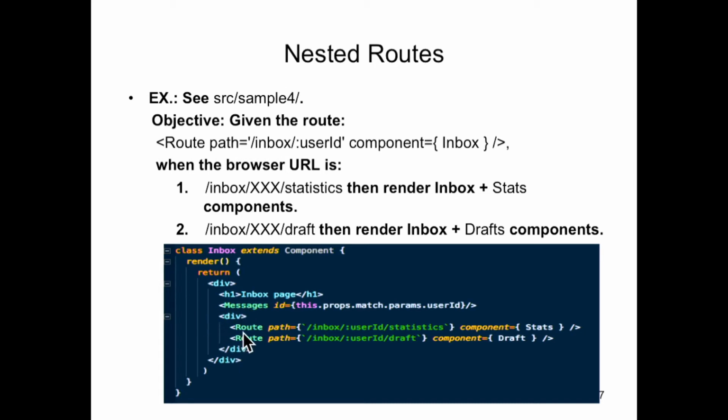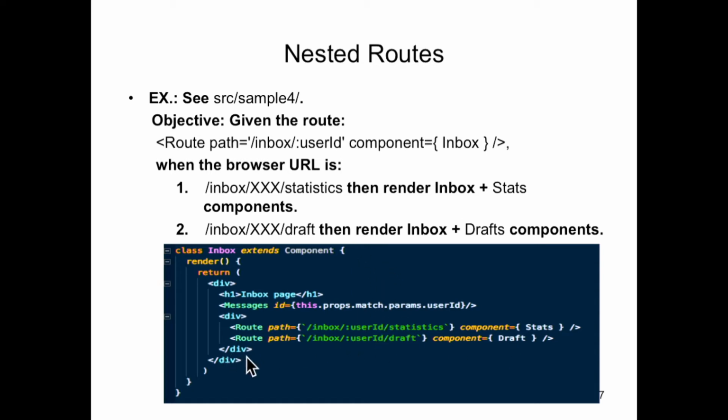But as the route components are saying, if the path is like this, then you should mount the stats component at this position within the overall inbox component. And if the URL path is like this, then I want to mount the draft component at this particular position within the overall inbox component.